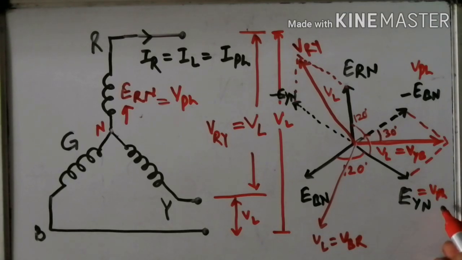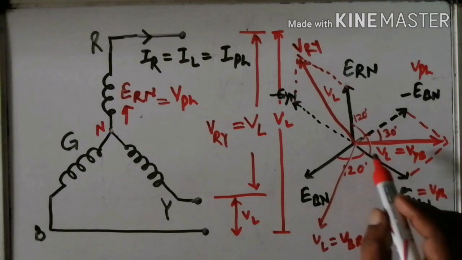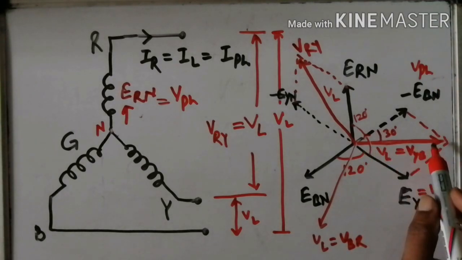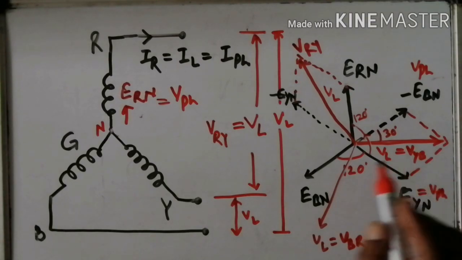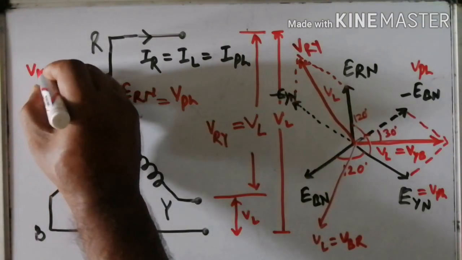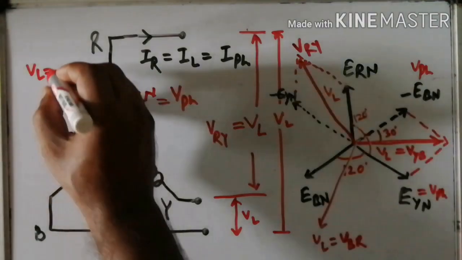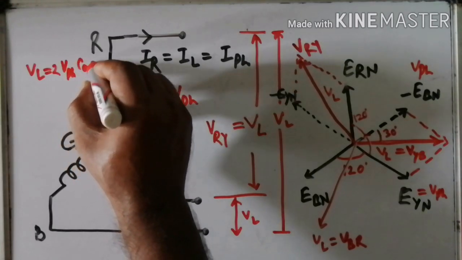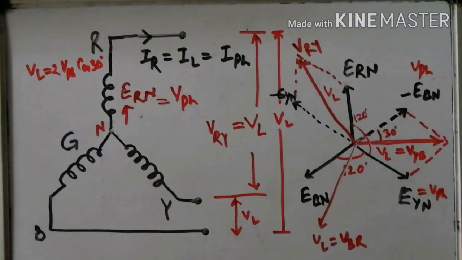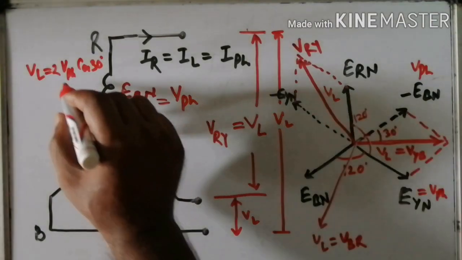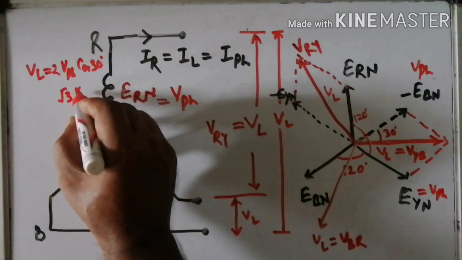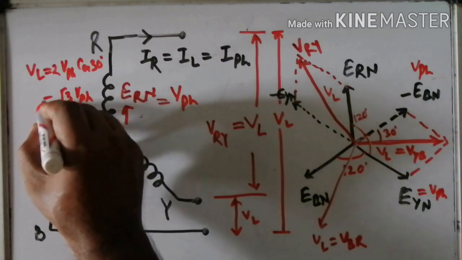So the cos component of EPH in this direction and the cos component of this EPH in this direction is nothing but EL. That's why EL is equal to 2 times EPH into cos theta, that is cos 30. We know that cos 30 is root 3 upon 2. That's why this 2 is cancelled out by 2. It is under root 3 EPH, it is EL.